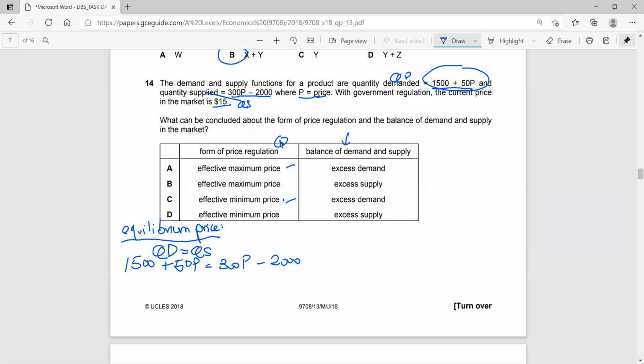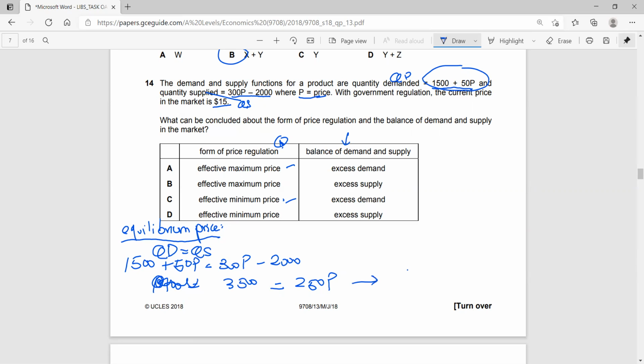So we can do a couple of things. We can take the price values on the right hand side, so that would be 300p minus 50p. That's 250p. We can take the other non-price variables, the constants, on the left hand side. So that would be 1500 plus 2000, which is 3500.